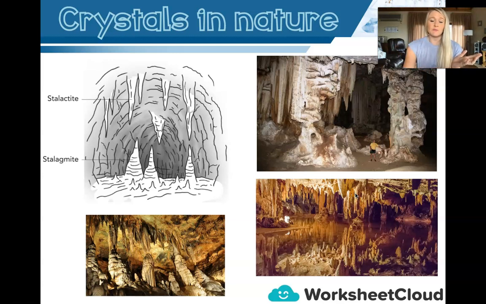The top columns, these ones that we see at the top, are actually called stalactites, and the bottom columns are called stalagmites. Now how this forms in nature and how caves are formed takes a very, very long time, years and years and years.